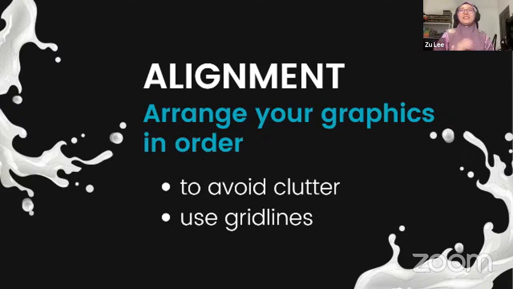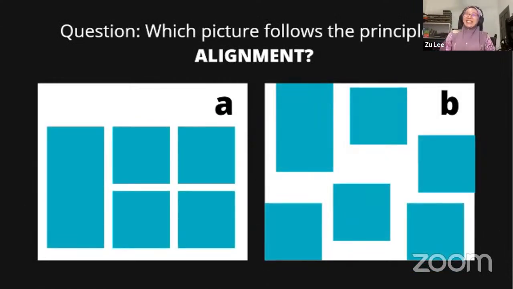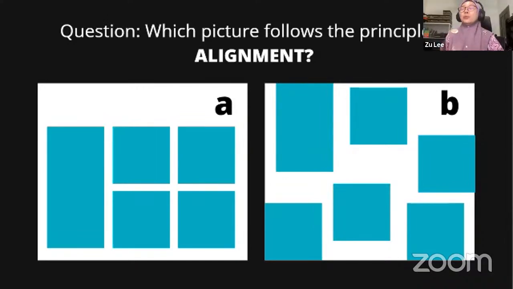So another question for you, Nazhan. Which picture follows the principle of alignment? Well, if it was coming from an abstract point of view, I think B. But since we're talking about education, I would say A. Yes, because you want your students to understand what you're trying to say. So the rectangle box represents your text.